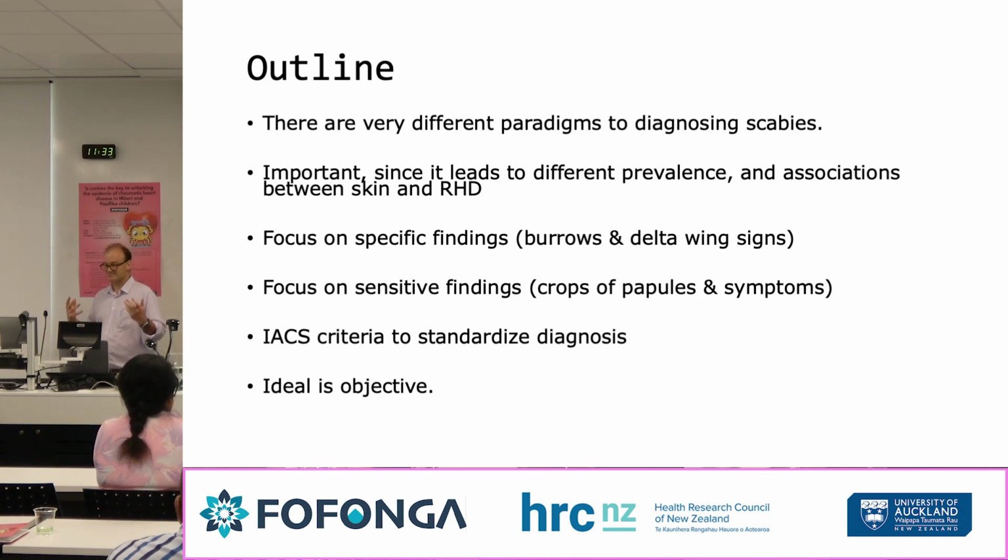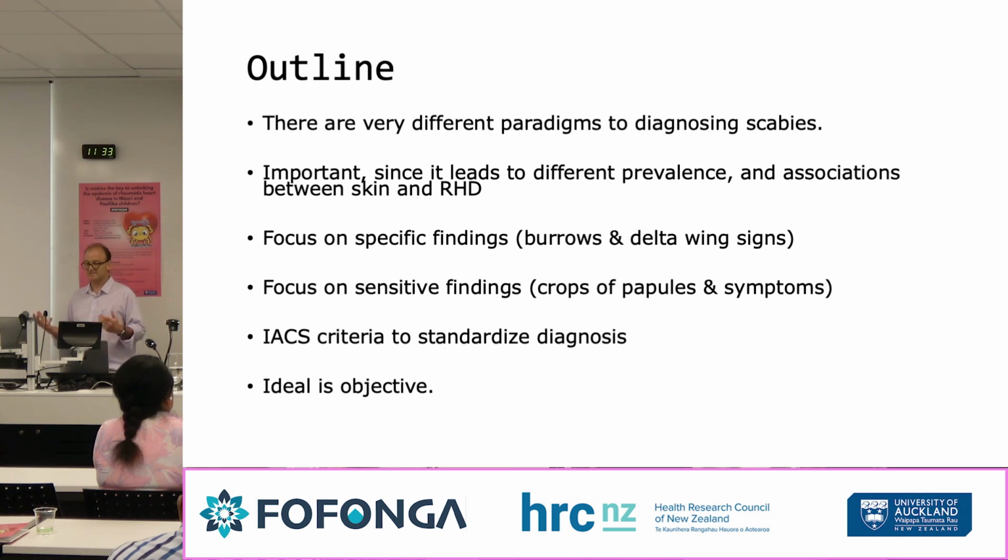And so there are two different paradigms really: focusing on specific findings, burrows, delta wing signs, and there's also a focus on more sensitive findings, crops of papules associated with symptoms.